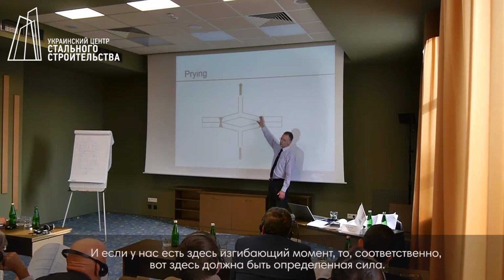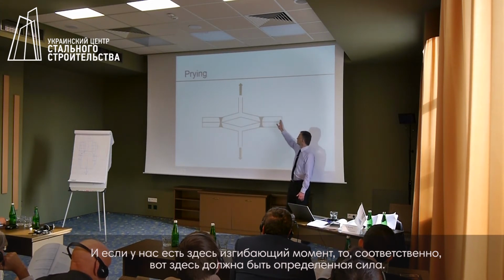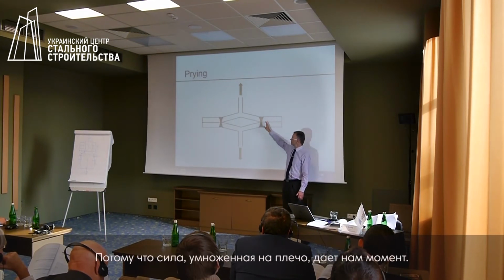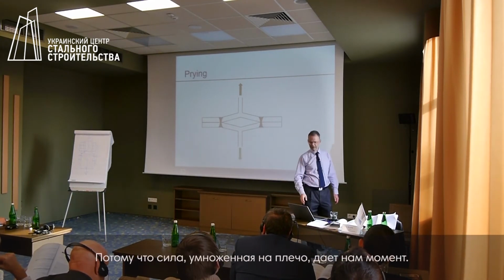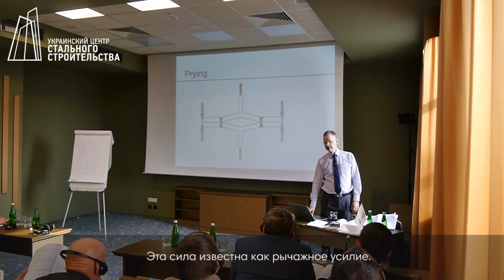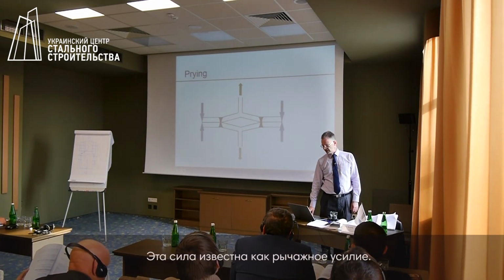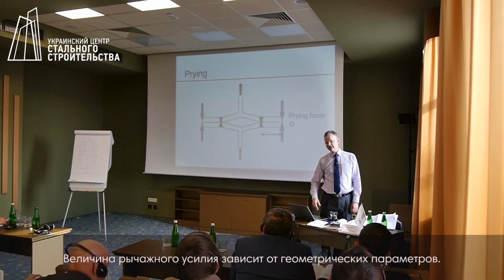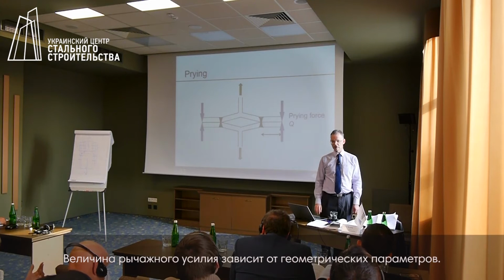So we have some moment here. And if we have a moment here, we must have a force, because the force multiplied by the lever arm gives us the moment. So that force is known as the prying force. It's normally indicated with the letter Q, and it's a geometric issue. The size of the prying force depends on geometry.